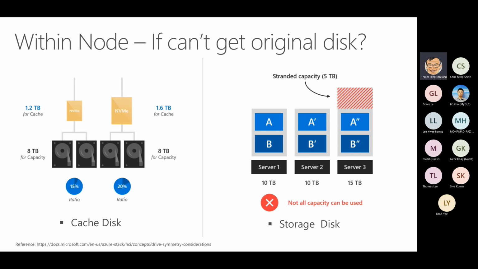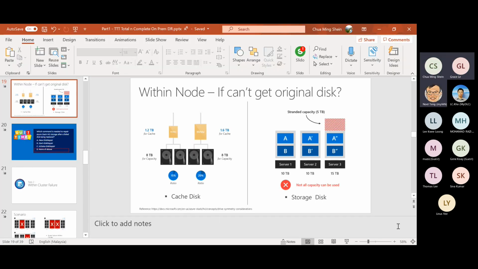By the way, all of this is available in the Microsoft online documentation. We see the drive symmetry considerations link at the bottom of the slide. Yes, I could put the reference.